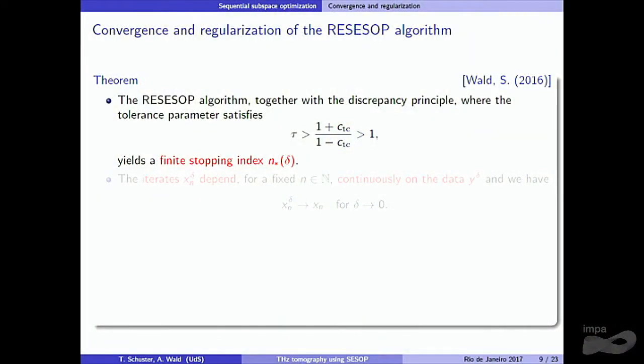Okay, so this is convergence. The next thing is the regularization property. If you construct a regularization method, you need a parameter choice rule, of course.